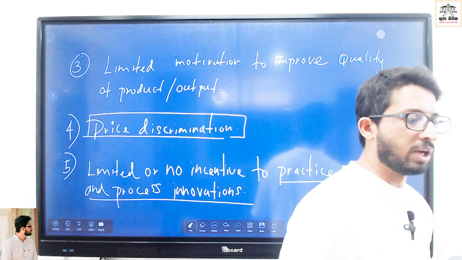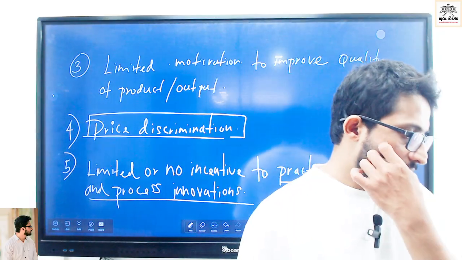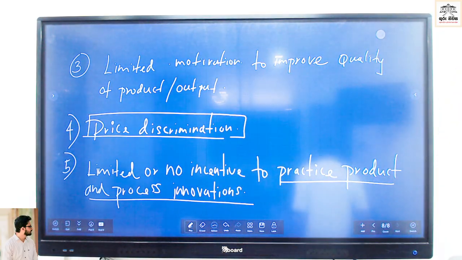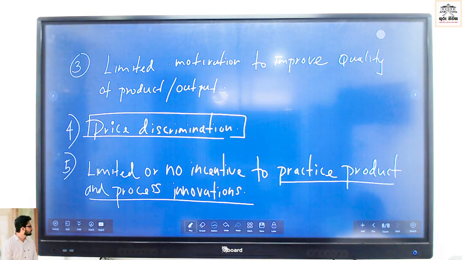Due to lack of competition. So due to these limitations, we say the monopoly market has several limitations. From an economic point of view, we can't accept this market structure, right? Are you okay with this?